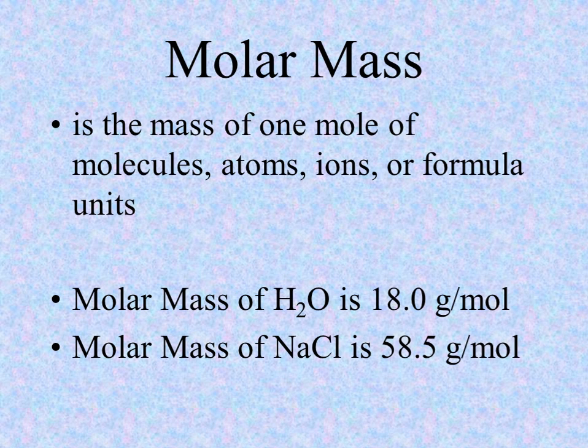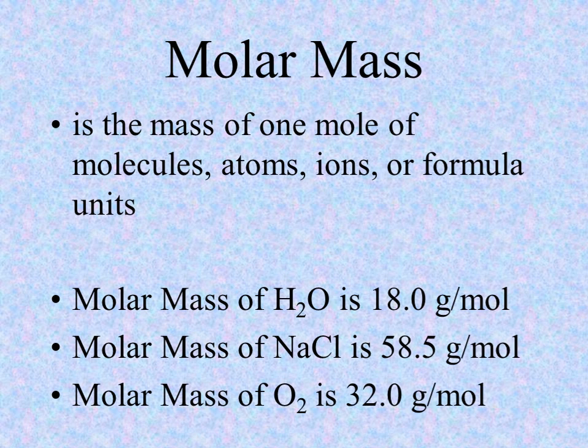And even a substance such as oxygen, which has the molecular formula O2, looking up oxygen, we see that it has a mass of 16.0, but oxygen in its natural molecular state is a diatomic molecule, so there are 2 atoms of oxygen, and thus the molar mass of molecular oxygen would be 32.0 grams per mole, 2 times the 16.0 that we take from the periodic table.